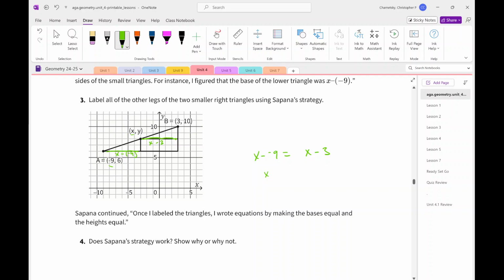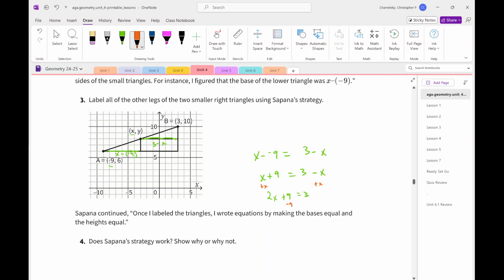That's not exactly how it's going to work. Oh, I got it backwards, that's fine. X minus 3, it should be 3 minus x. So that becomes x plus 9 equals 3 minus x. So if I add x to both sides, we'd have 2x here, plus 9 equals 3.